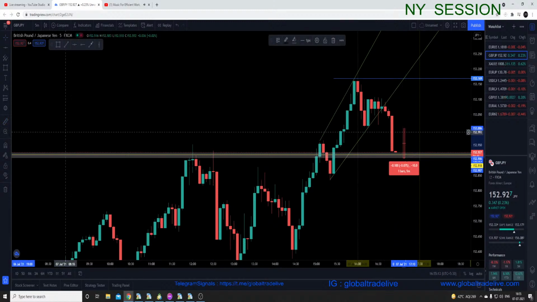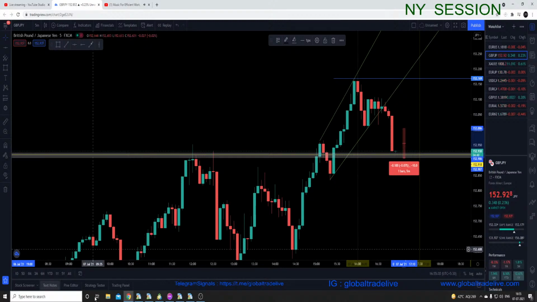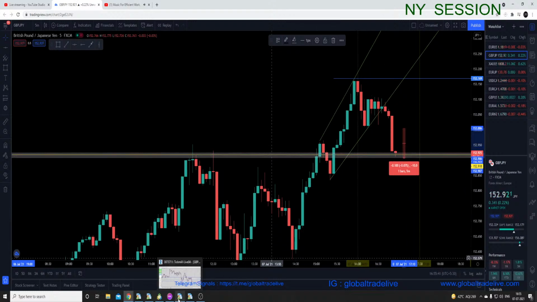Let's see if it can tap 10 pips or not. It just tapped 10 pips. Nice. So this could be a very good trade here, but riskier also on the same side.